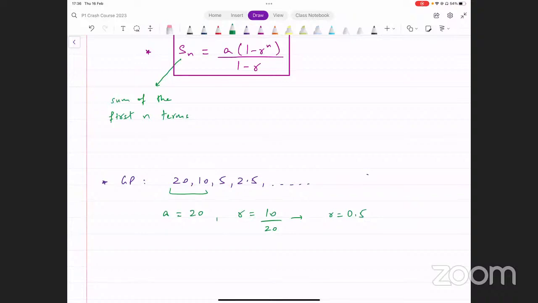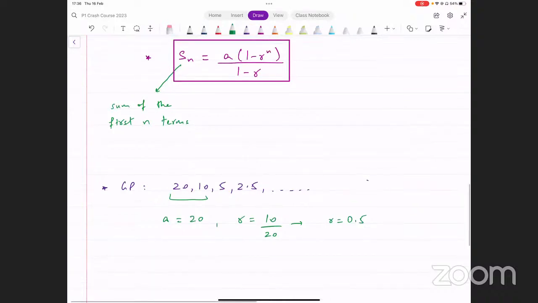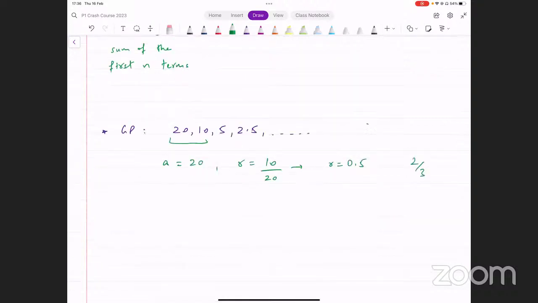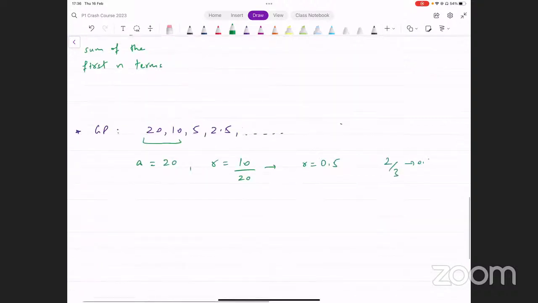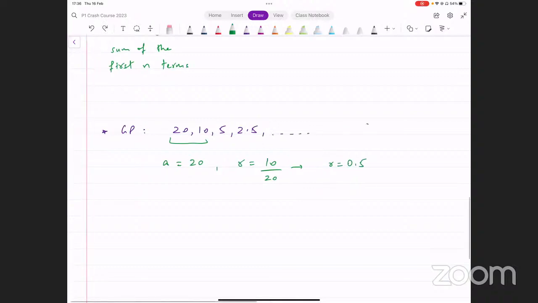For example, if it was 2 over 3, you could not write this as an exact decimal. It would have been 0.6666 with so many sixes after that. So it's better to write that as 2 over 3. But in this case, this was an exact number. 10 over 20 is 0.5. It's okay to write this in decimals as well. So this is the value that we're getting, R equals 0.5.